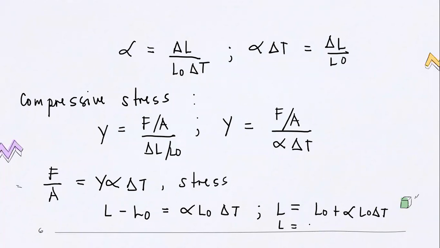Therefore, L is equal to the initial length times the quantity 1 plus alpha delta T. This is the formula for the final length.